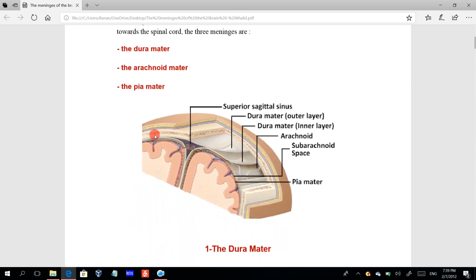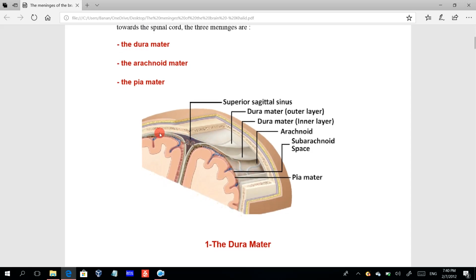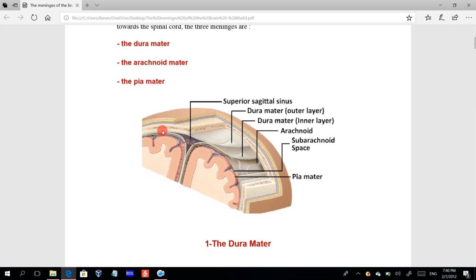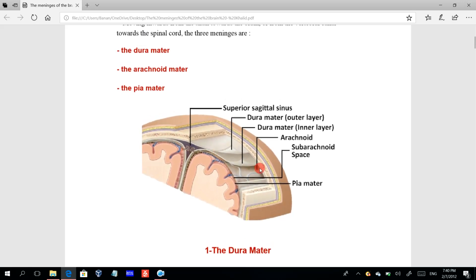The first layer is the dura mater, and it consists of two layers. The second is the arachnoid mater. The meaning of mater is mother, al-um. So the dura mater, al-um al-jafiya. Second, we have the arachnoid mater, al-um al-ankabutiyya.